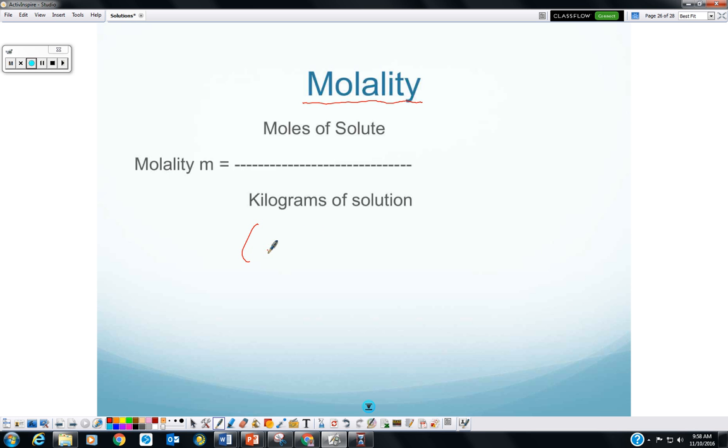So it's going to be kilograms of solute plus solvent.